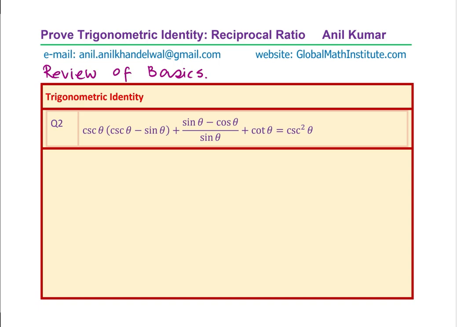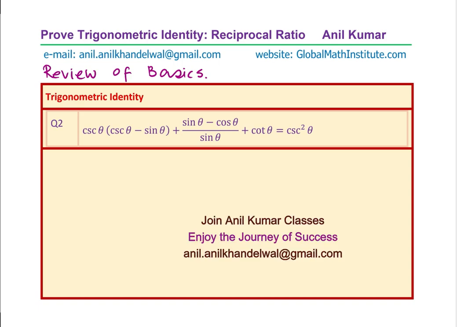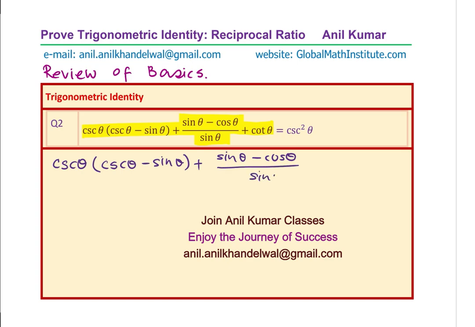Well, this time we'll begin with the left hand side since it is more complicated. So you always begin with the side which is more complicated. So let's write it down. We have cosecant theta times cosecant theta minus sine theta plus sine theta minus cos theta over sine theta plus cotangent theta.